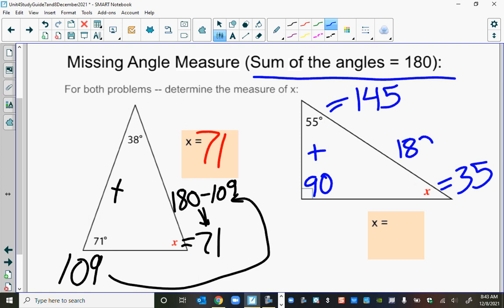And 180 minus 145 is the final result of 35. Good job. Questions on those two? So x is 71 and 35. Good job, everybody. Questions?